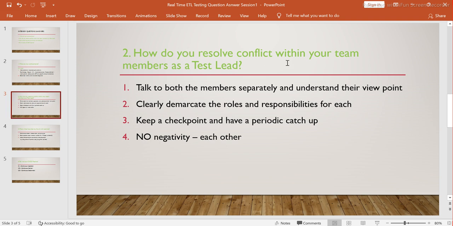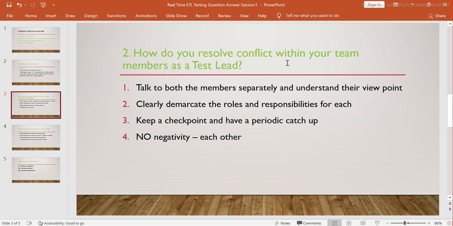Now, the second question is, how do you resolve conflicts within your team members as a test lead, right? So as a test lead, guys, you have to be very open, and you have to make sure each of the team members gets your proper attention. You make sure that you are not doing any kind of partiality between the team members, so that everyone is happy to talk to you, and everyone is able to share their thoughts or any issues.